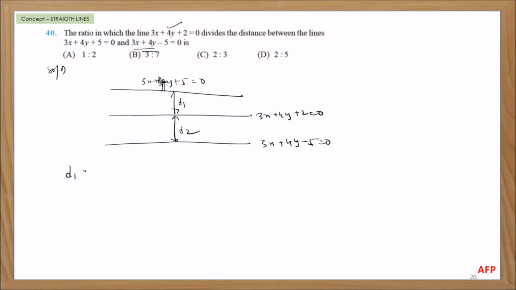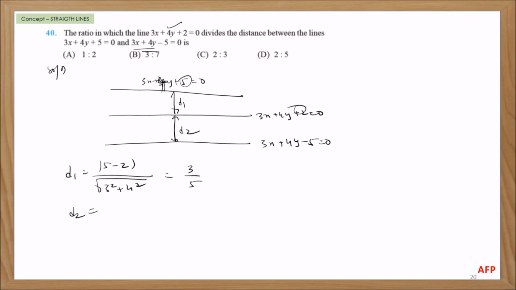Okay. So d1 is equal to c1 minus c2, so that is 5 minus 2, over square root of 3 square plus 4 square, which is nothing but 3 by 5.